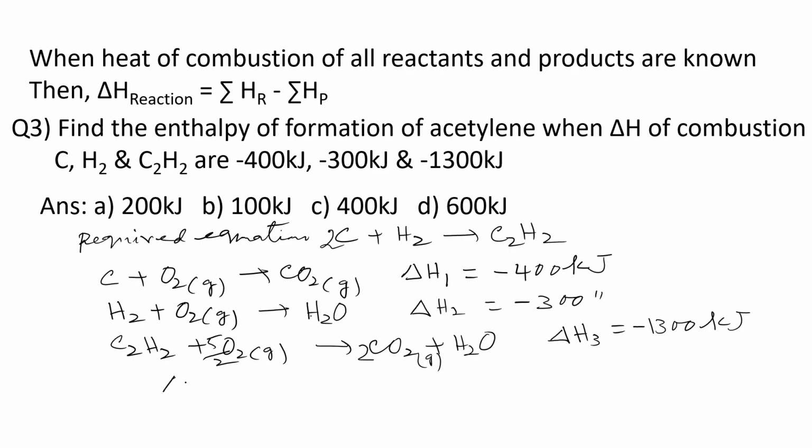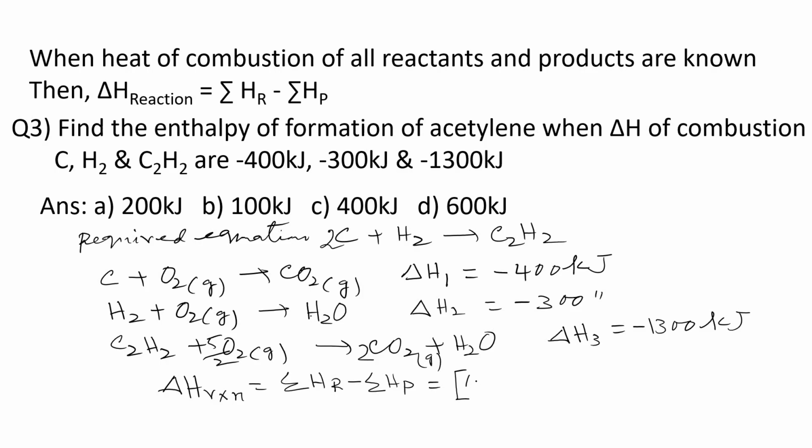So delta H of the reaction is equal to the summation of the enthalpy of the reactants minus the summation of the enthalpy of the products. What is my reactant? 2 moles of carbon. Carbon value is minus 400.